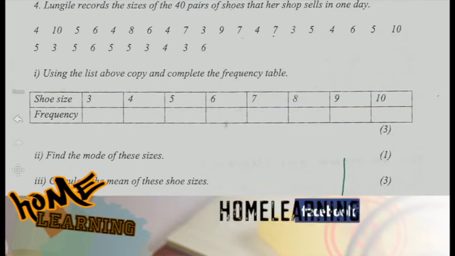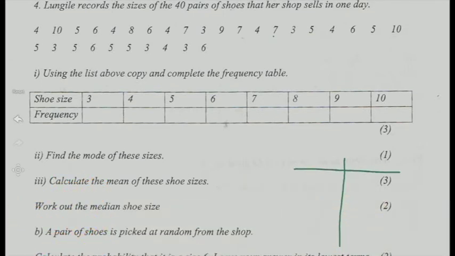Let me draw another table here for the shoe size. Here we have the tally marks. It's size 3, 4, 5, 6, 7, 8, 9, and 10. So for size 4, we cancel out everything there.